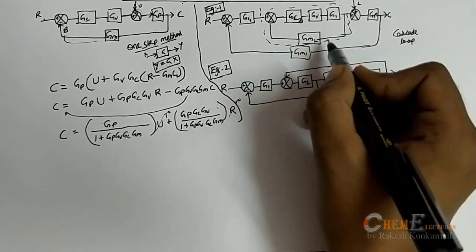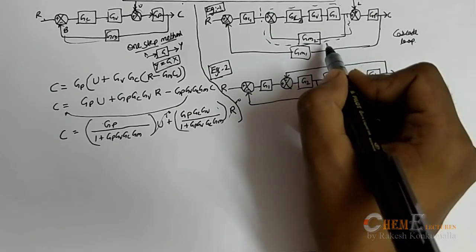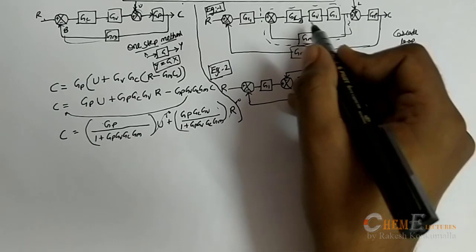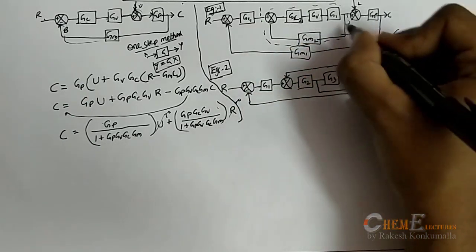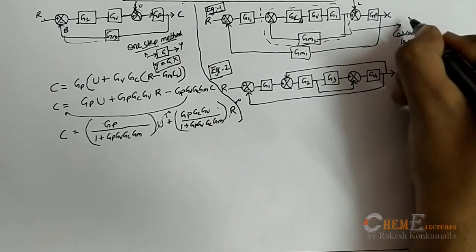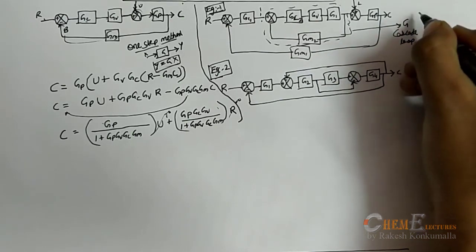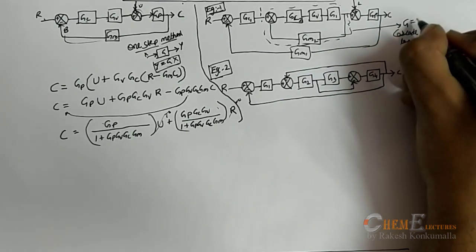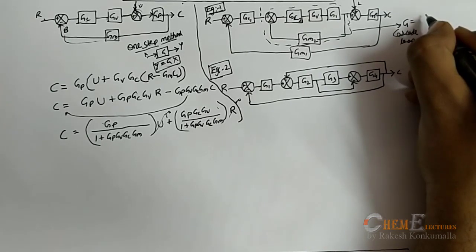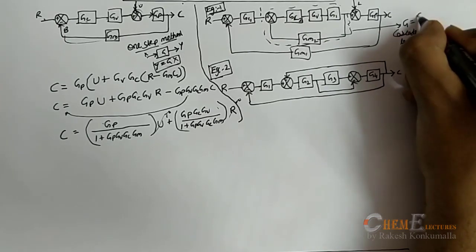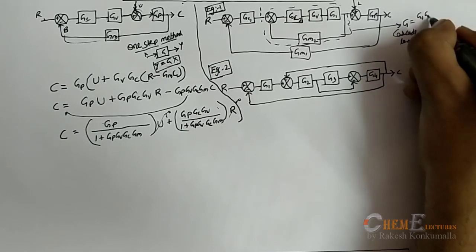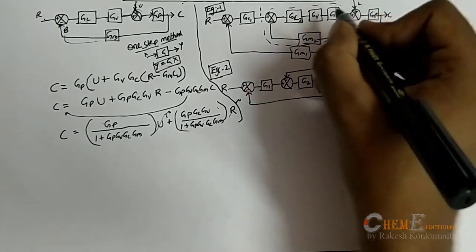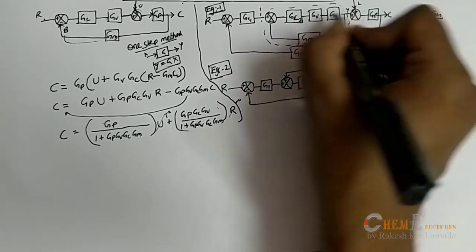Now I told you for a feedback control loop how to generalize it. That generalized equation you can apply here. So this ultimate inner loop, if I take G, then this transfer function will be equal to G1 GV GC1 by, that means let me take y and x.